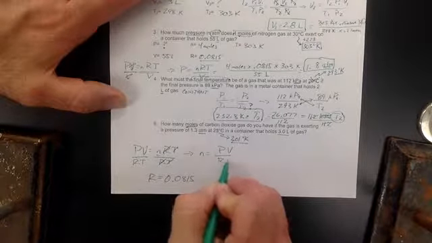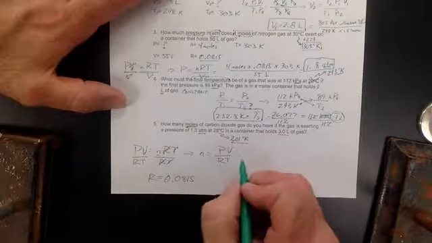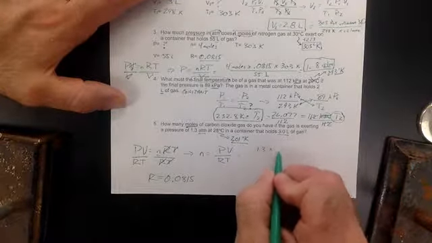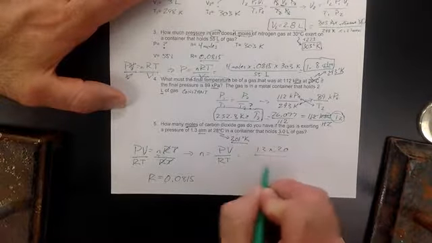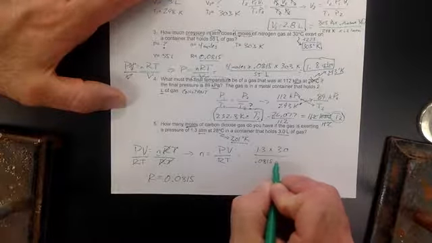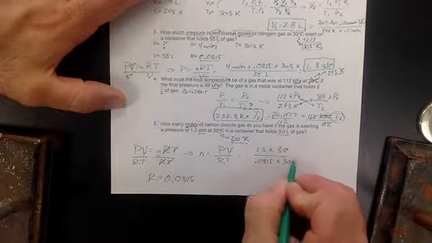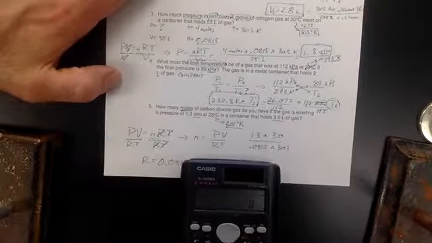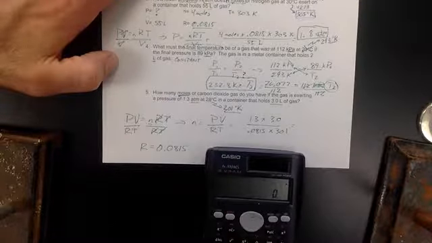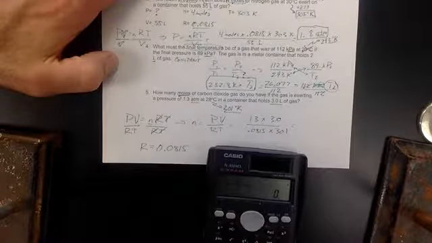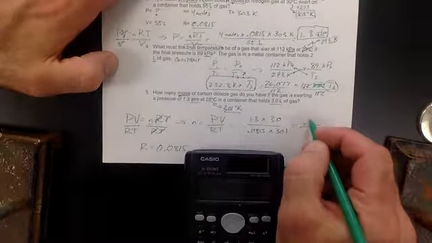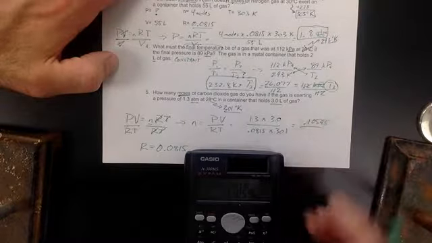If I rewrite that, that's n equals PV over RT. And then I can just plug in my numbers, right? Pressure is 1.3. Volume is 3.0. R is 0.0815. And temperature is 301. So now I can go 1.3 times 3.0, and on the top I get 0.10595.